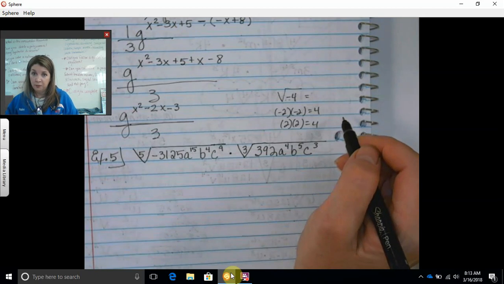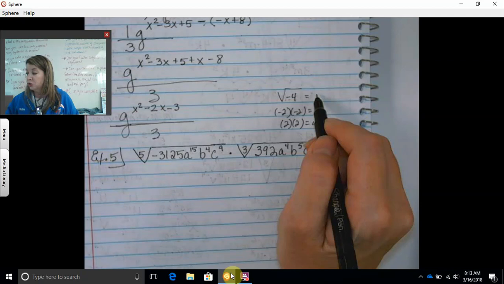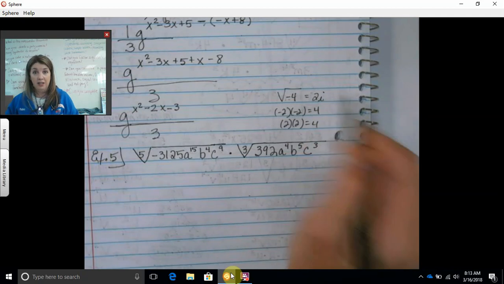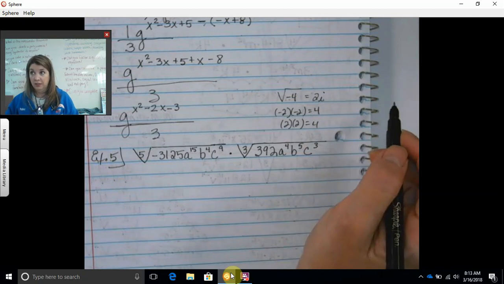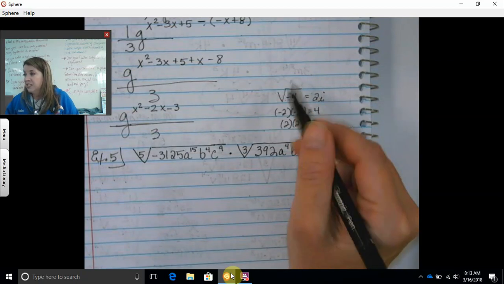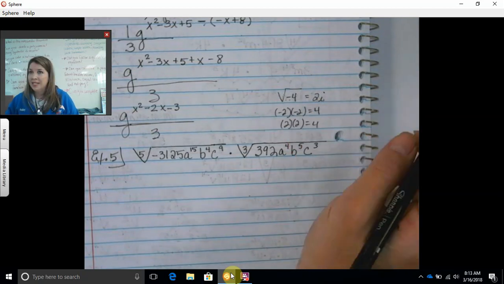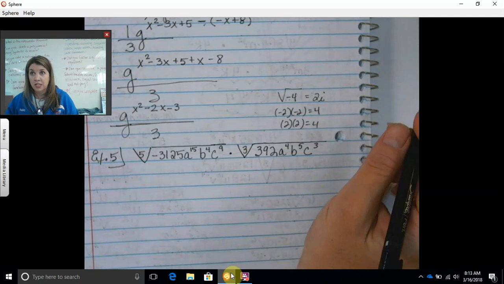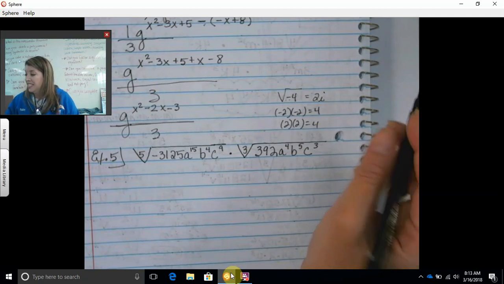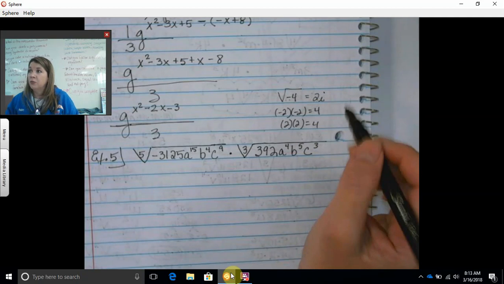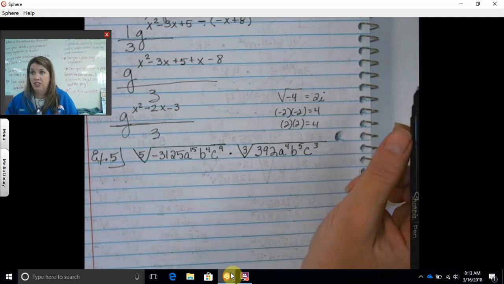What's the square root of negative 4? 2i, right? Remember imaginary numbers? But that square root, the index is 2, okay? When the index is an even number, 2, 4, 6, 8, 10, 12, 14, 16, 18, 20, y'all know the even numbers. When it's even, if you take the root of a negative, you're going to get an imaginary number.